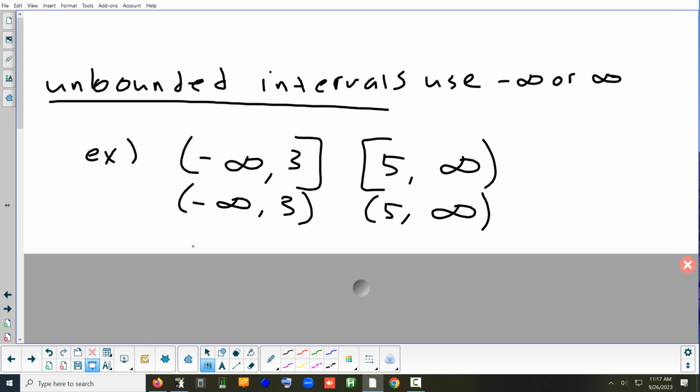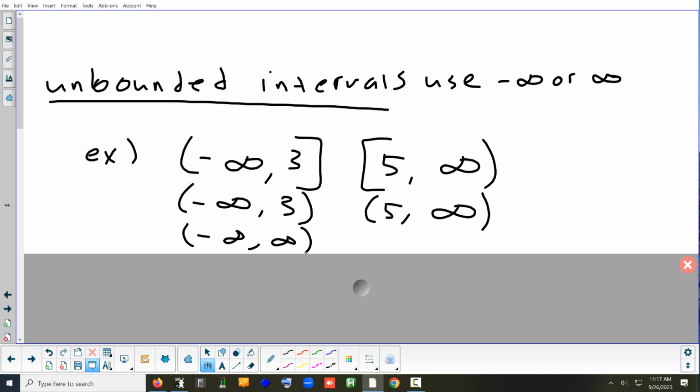So I can add that one in. Those are all the types of unbounded intervals you could have. The first one is unbounded on the left side, closed on the right. The next one is unbounded on the right side, closed on the left.